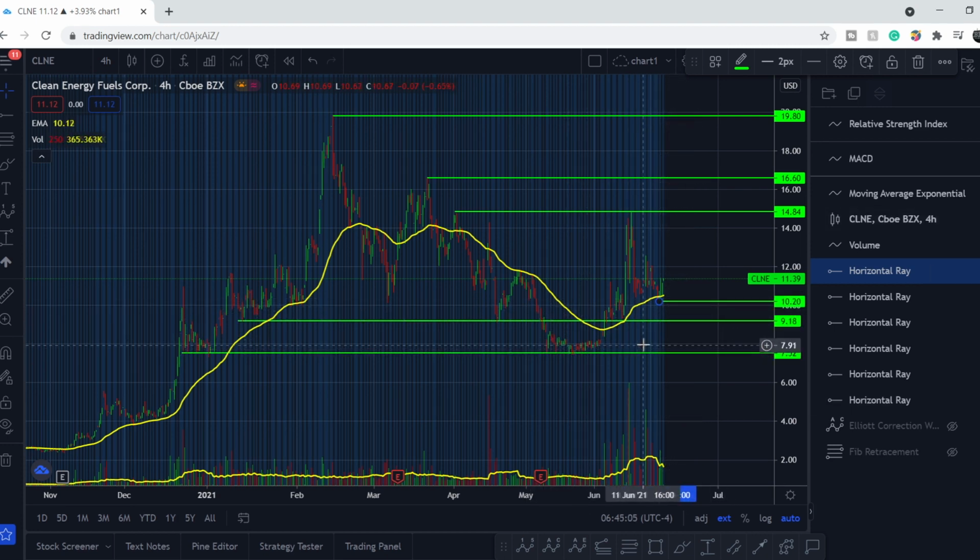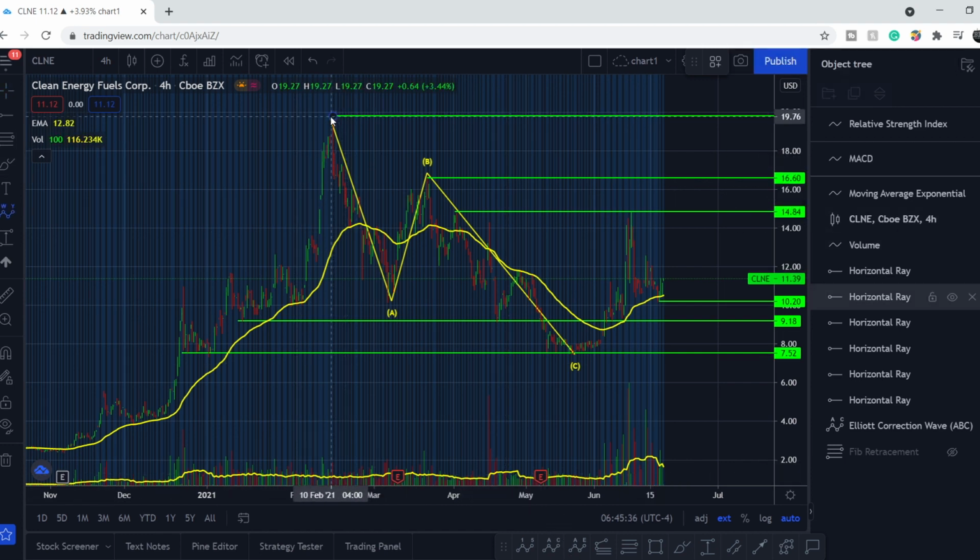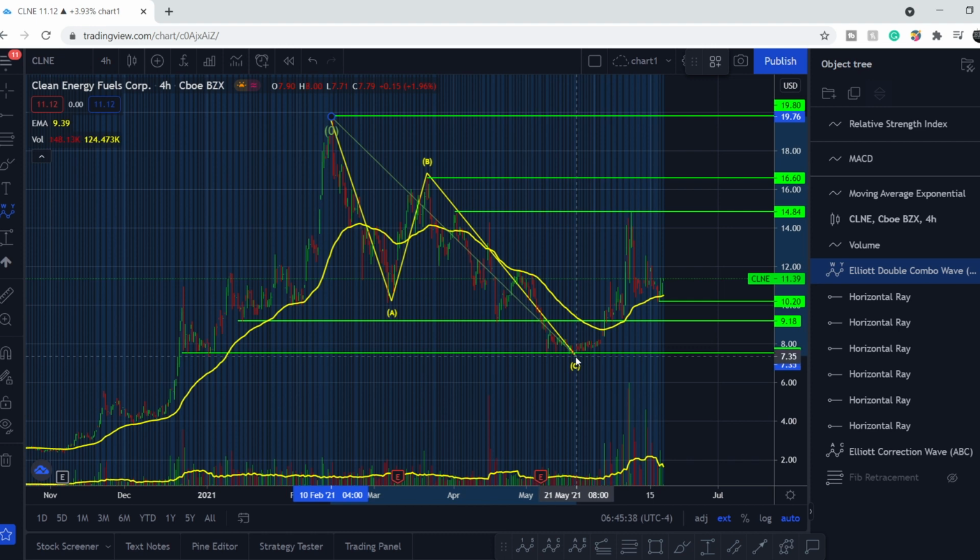If we hit this level, as you can see, this up movement will have failed, and we will have a failed wave. In this case, we will have one more leg to the downside, and this is our first wave.